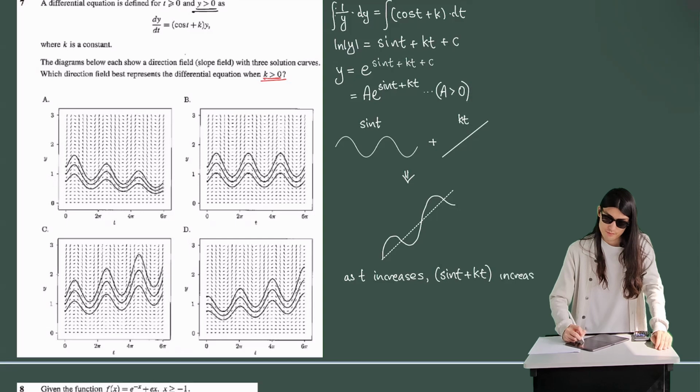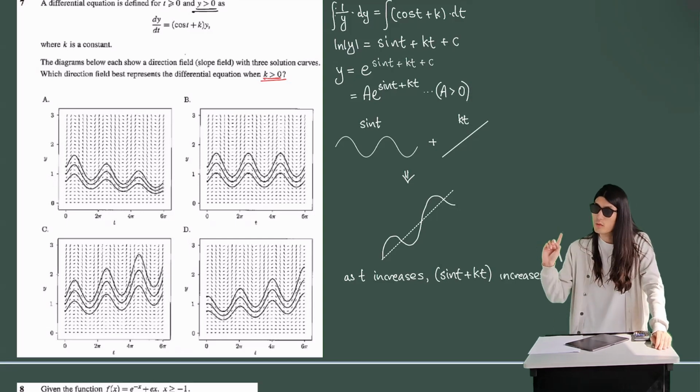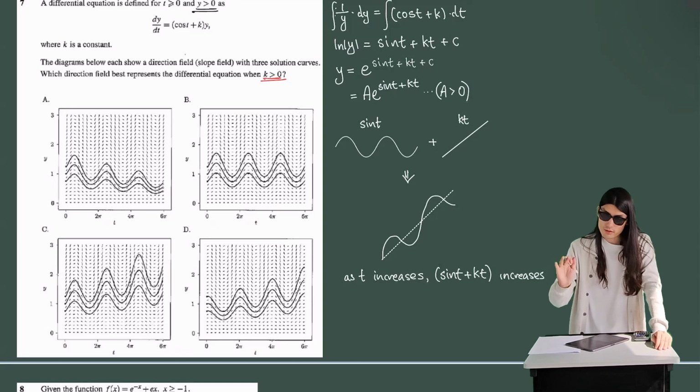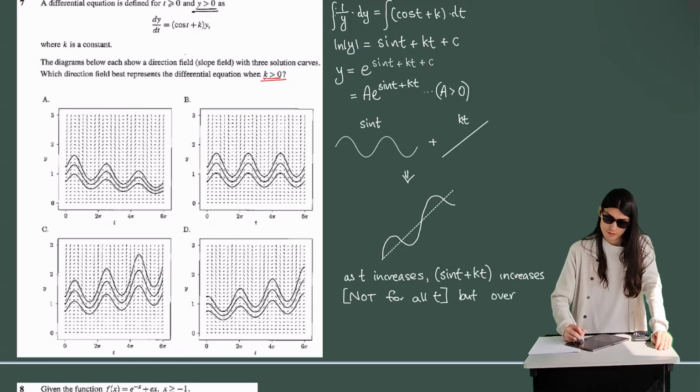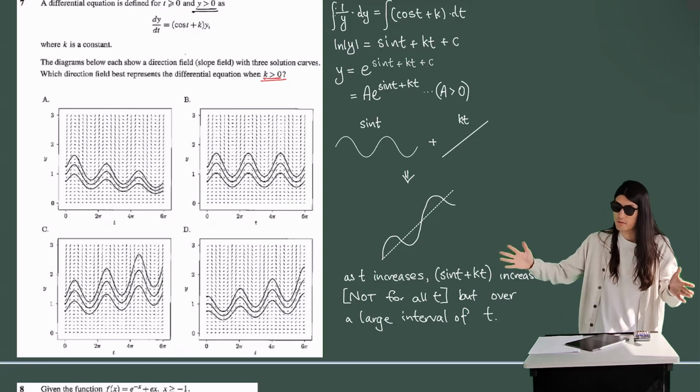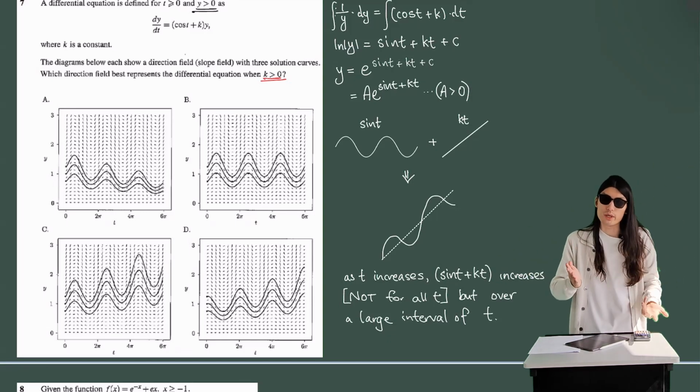This increases, but I'll once again emphasize, not for all values of t. Not for all t. Be mindful of that. But I'm talking over a large interval of t, large enough of an interval of t, the graph should have increased, is my point, okay?